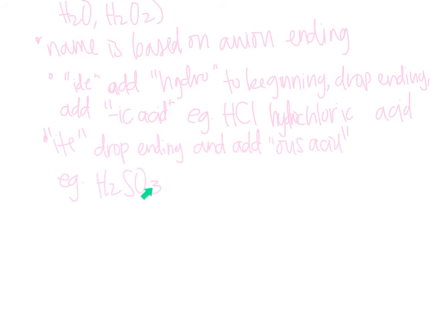If you look at your polyatomic ion chart and look for SO3, you will find it towards the bottom and it'll say sulfite. And so that's how we know, okay, it ends in "ite." So to name it as an acid, we will drop the ending and add ous acid. So instead of sulfite, it would be sulfurous acid.